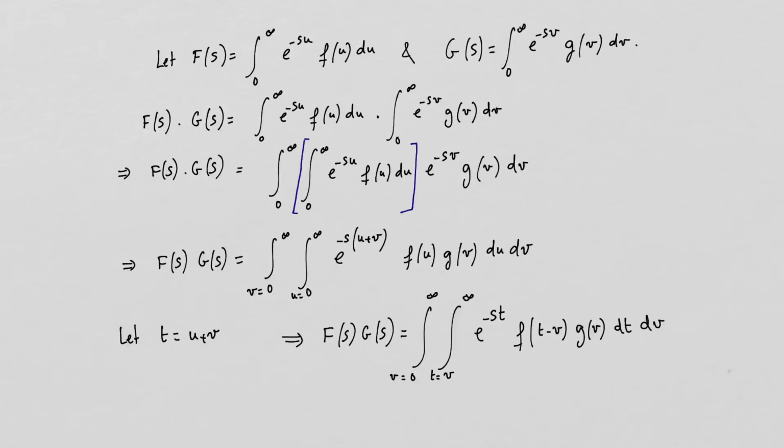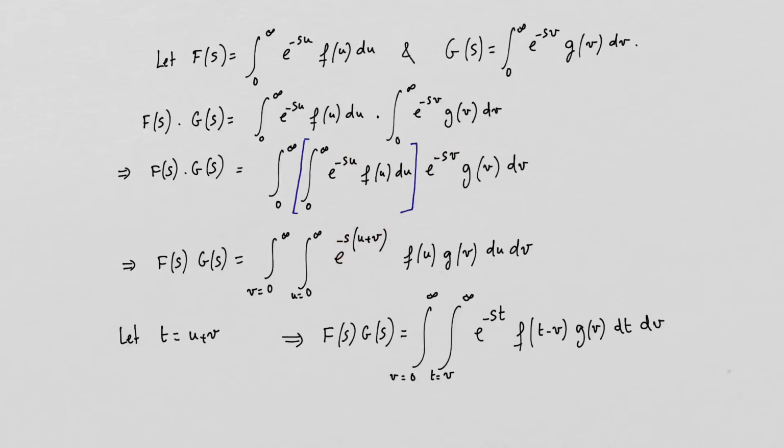So this is the integral from 0 to infinity, and because v is the last one, I wrote v so I don't confuse you. So v goes from 0 to infinity, and letter u goes from 0 to infinity, okay? And since multiplication is commutative, I just combine these two like this. I pulled out the negative s.